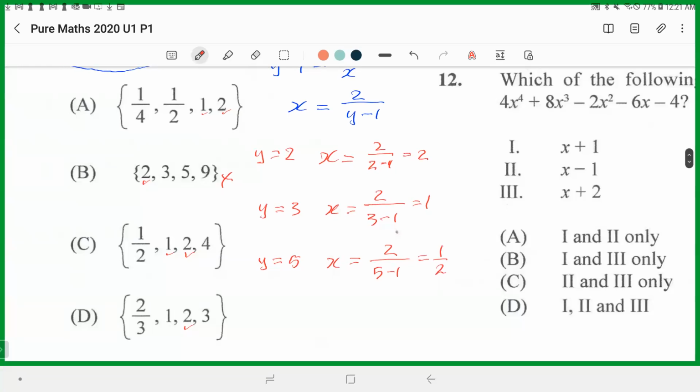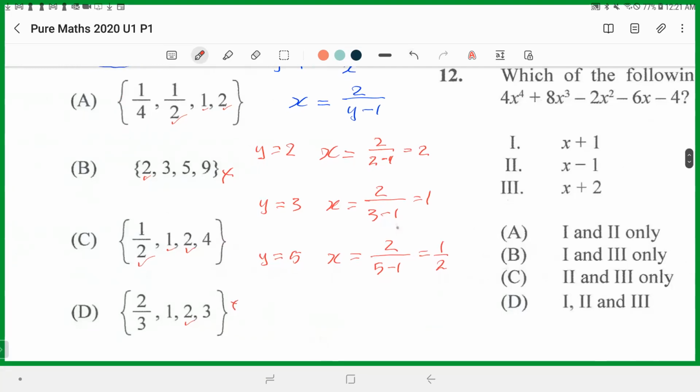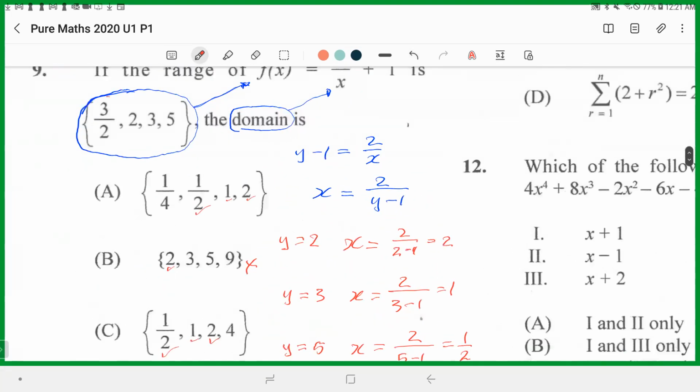So half is in this, and half is in this. So either this one or this one now to complete it, because we can eliminate this last one. Now this 3 over 2, if you like, we can just put as 1.5.